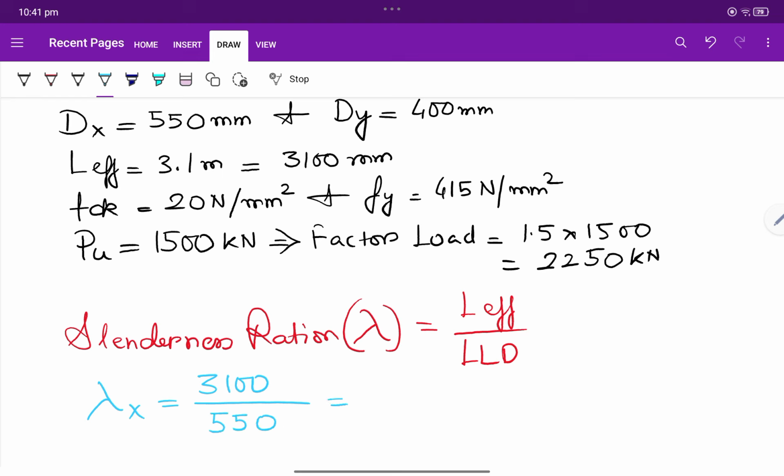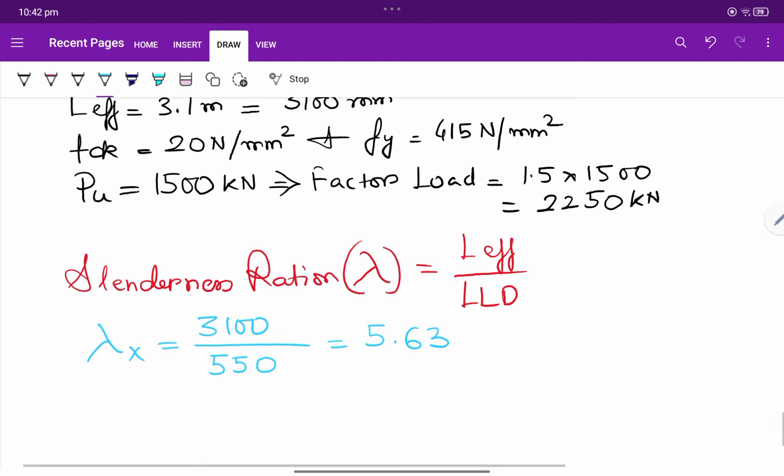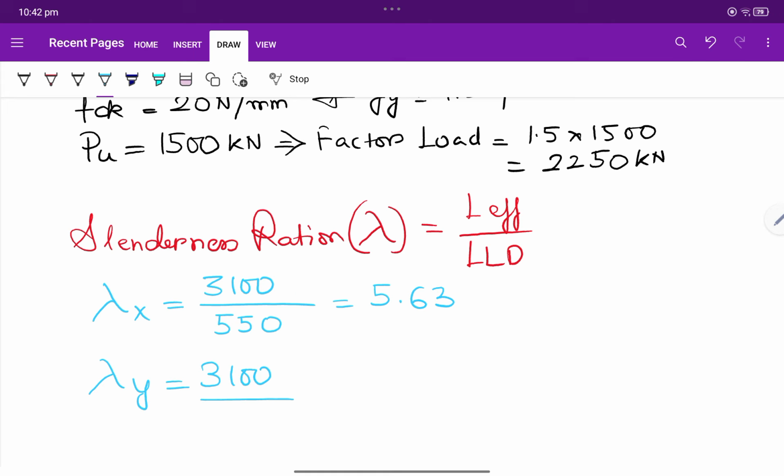As for the least lateral dimension, it comes as 5.63. For the slenderness ratio in the y direction, the effective value is the same, we just change the least lateral dimension, and it will come to 7.75.